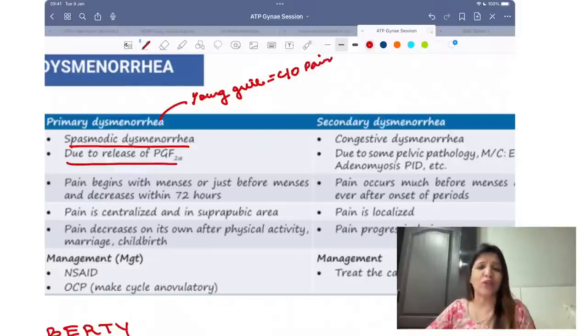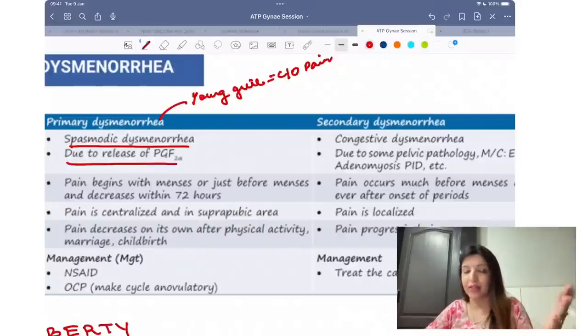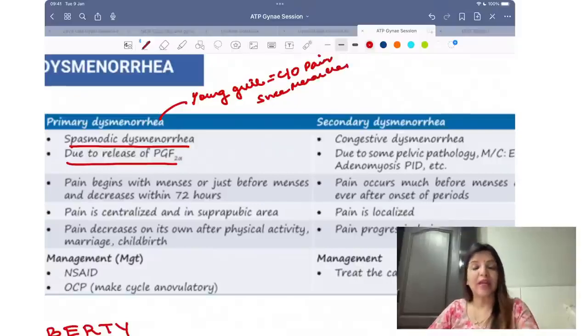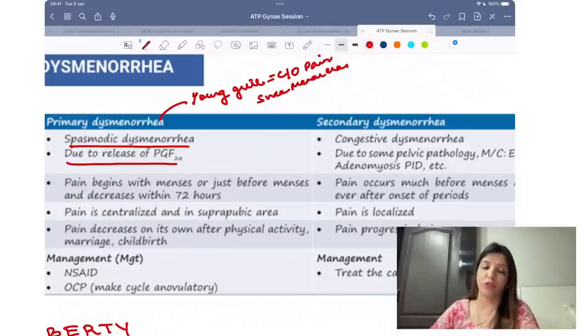She is going to say that, leaving aside the first 6 months to 1 year when I started my menarche, ever since my menarche I am having pain. So she complains of pain since menarche. This pain, as I told you, there is no pathology responsible for this pain.